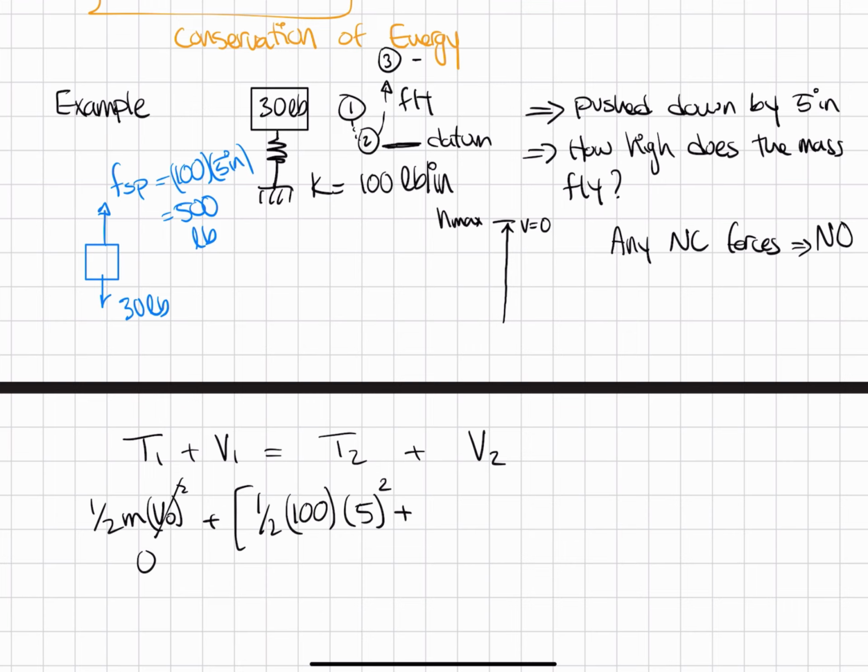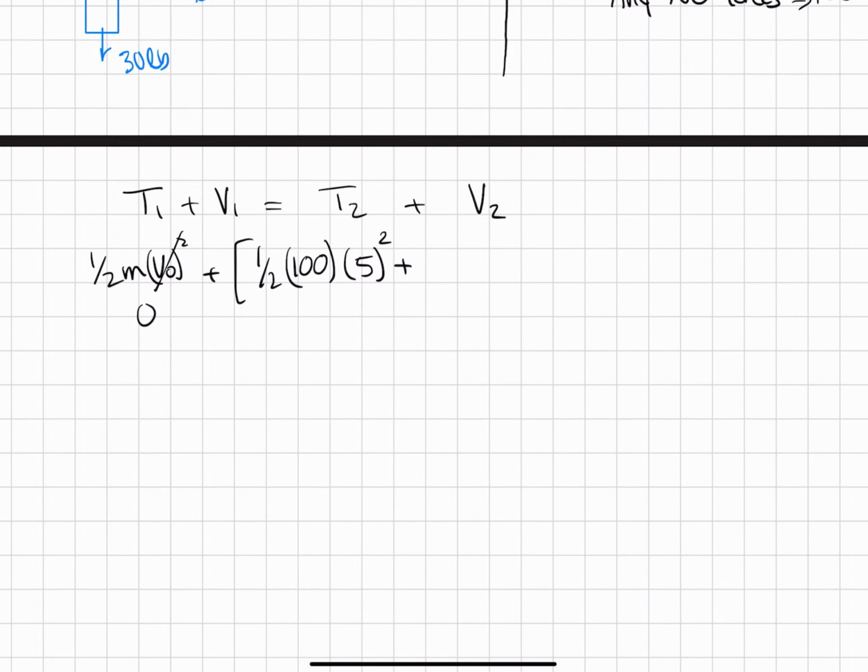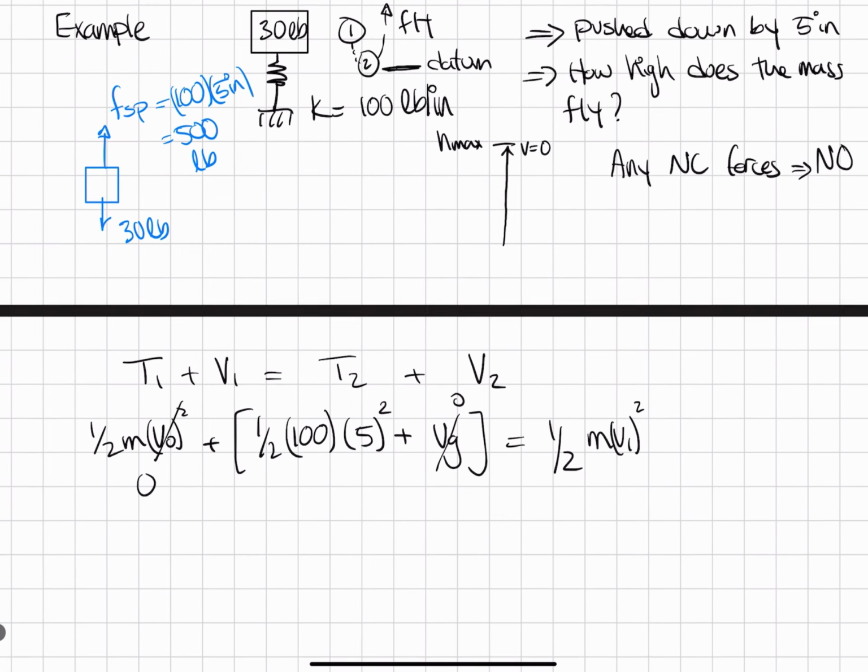That's where potential energy is measured from. So if it's measured from there, then the height is 0. So Vg is also 0. And this is equal to 1/2 m v2 squared, so that's your final velocity squared. We said that at h max, your v2 is equal to 0, so this whole thing is 0.